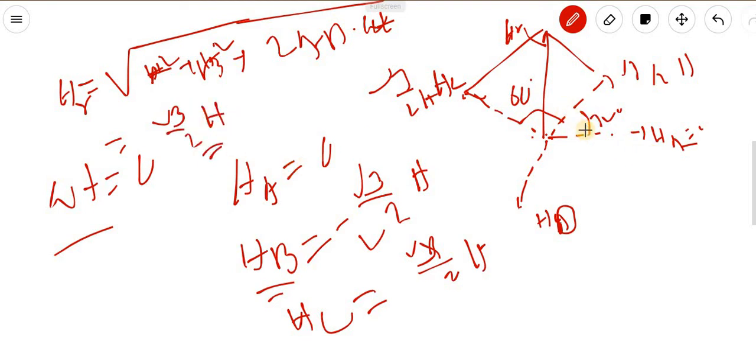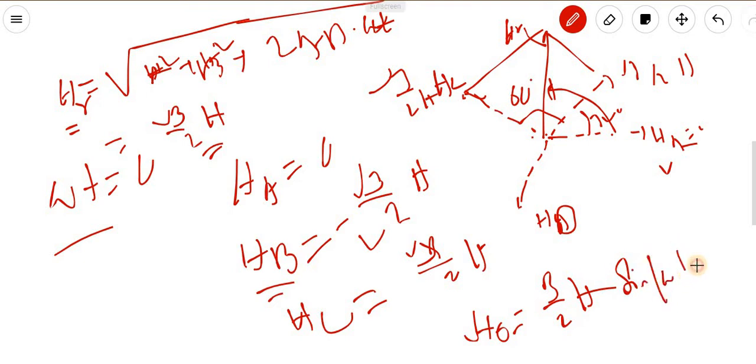Now what will be the angle of this resultant? This angle will be the resultant angle. So the resultant magnitude is 3/2 H, and if the reference is omega t, the angle between this and this will be sine omega t plus theta, that means it is leading.